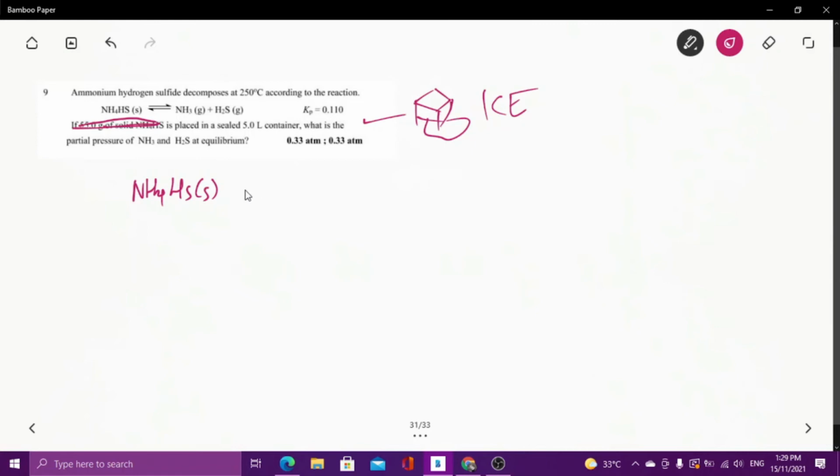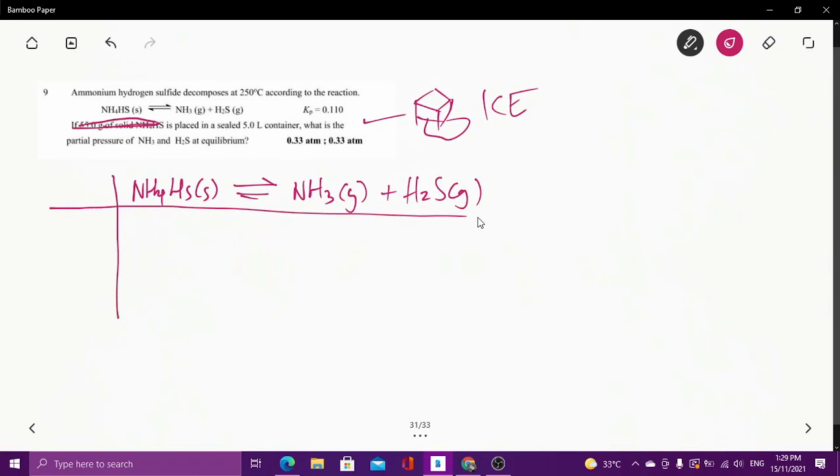Okay, kita buat equation dulu, tak apa, tulis je. NH3 gas plus H2S gas. Okay, and then we will buat ICE table in terms of pressure, sebab value of Kp yang diberikan kat sini, dan dia nak partial pressure.